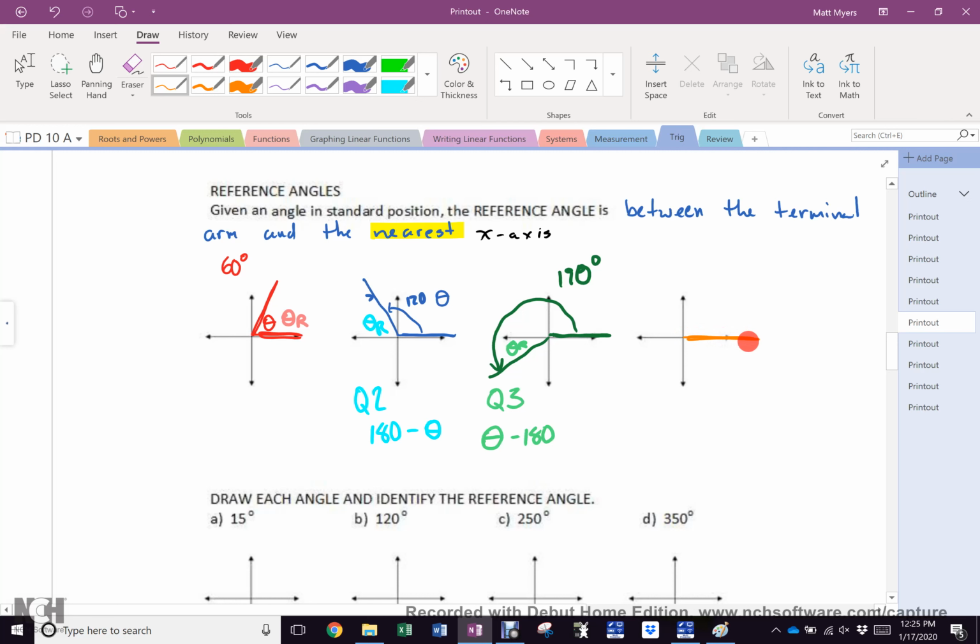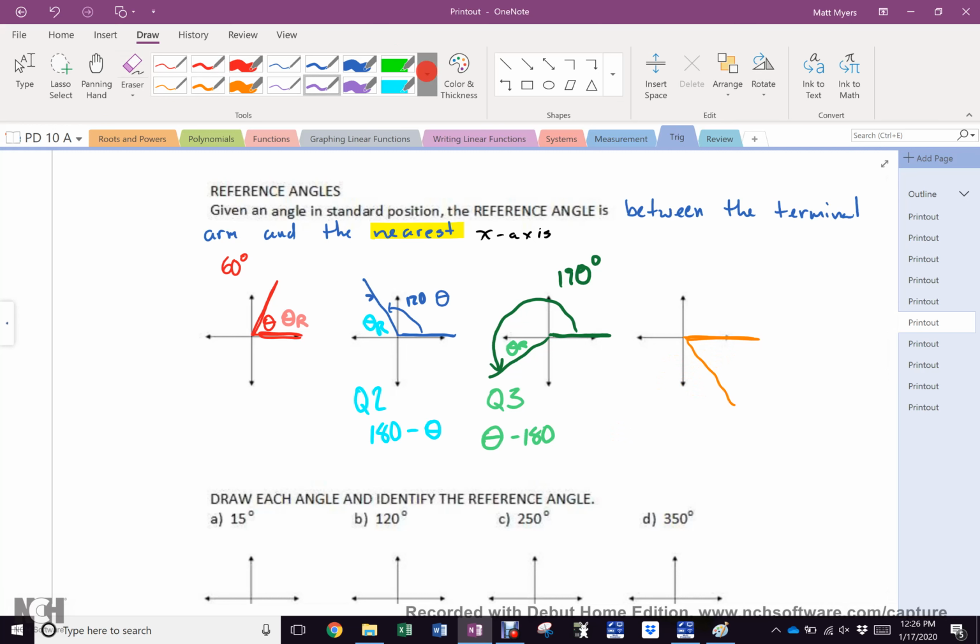Give me one that will be in the fourth quadrant. 330. So it'll be down here, yeah? Will the reference angle be the blue dot or the purple dot? Purple dot. They look almost the same on the screen.